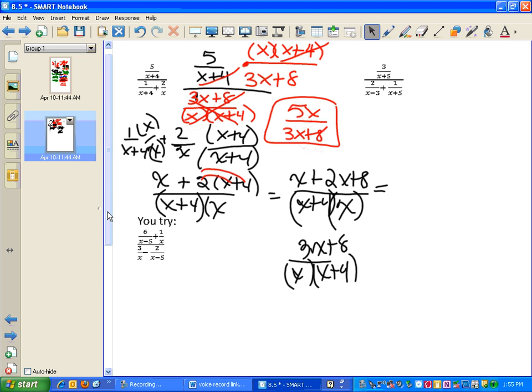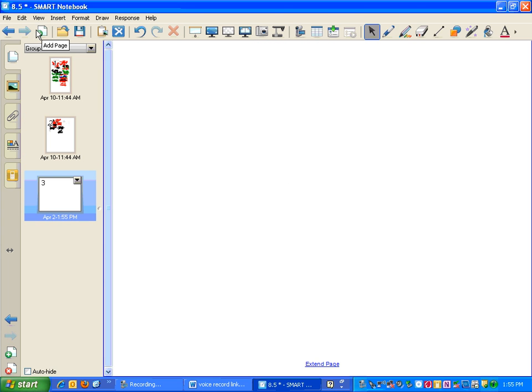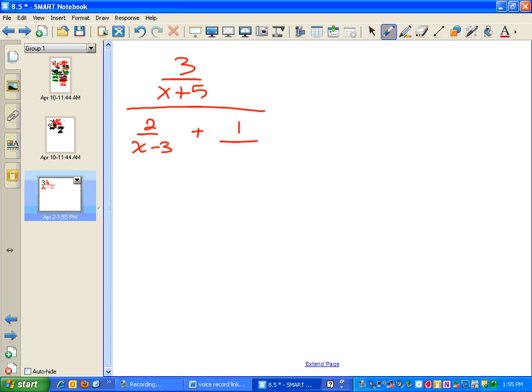Okay, I'm going to go to a different page. What did this say? 3 over x plus 5 all over what? 2 over x minus 3 plus 1 over x plus 5?